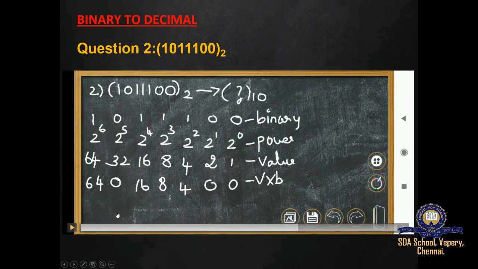This is the third step, that is value into binary. Now the fourth step will be, we are going to add these values.